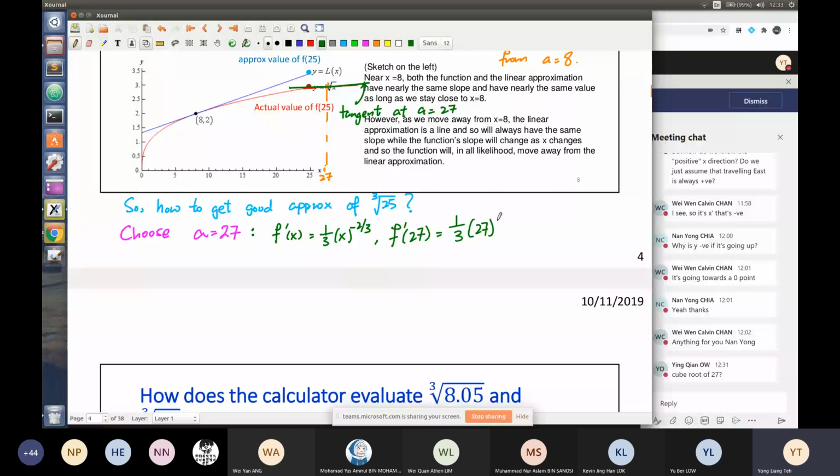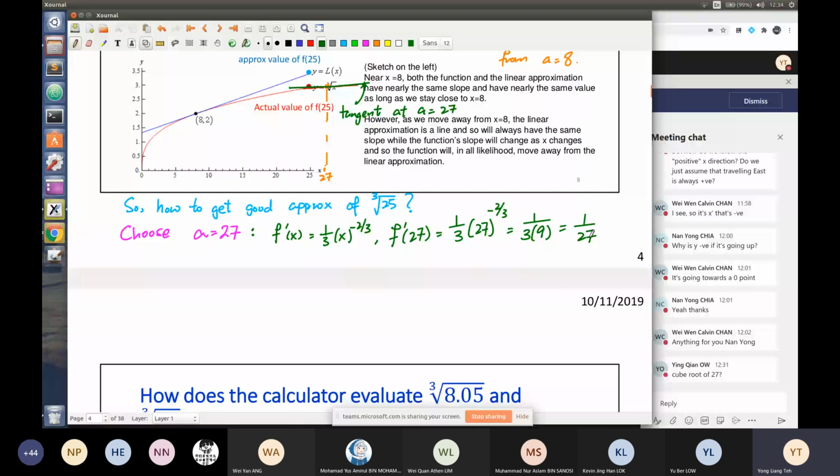But this is actually easy to calculate, because 27 to the 1/3 is actually 3, 3 times 3 times 3. So it's 3 squared. So hence, it's actually 1 over 3 multiplied by 9. So that's giving me 1 over 27. Is that right? Okay, so therefore, f prime is 1 over 27.